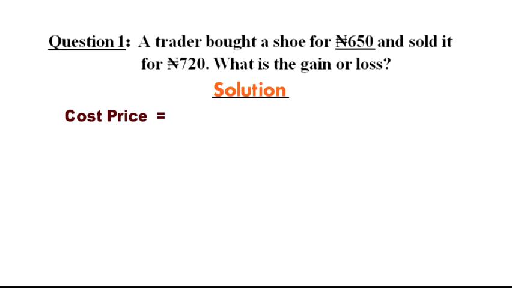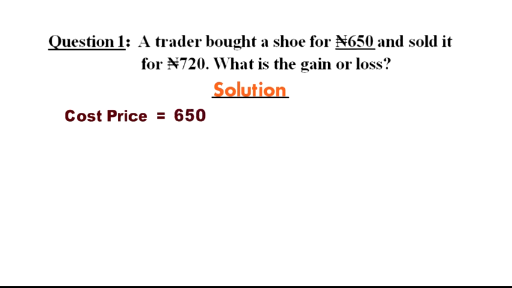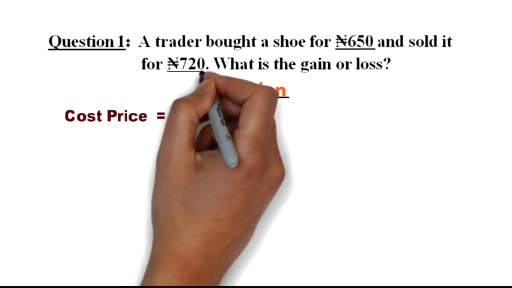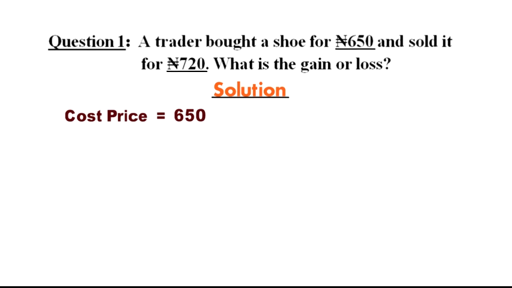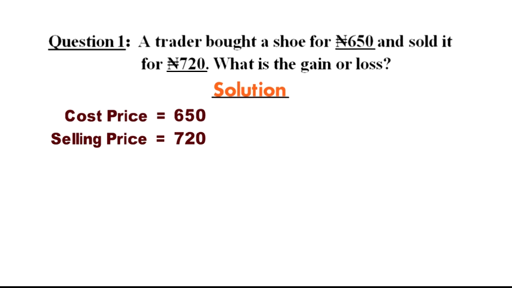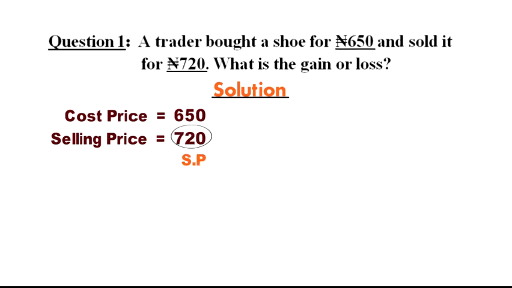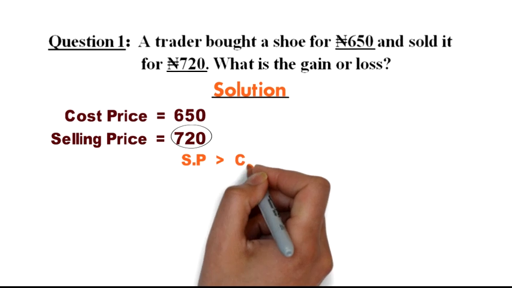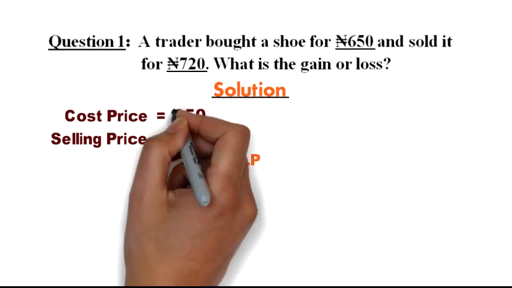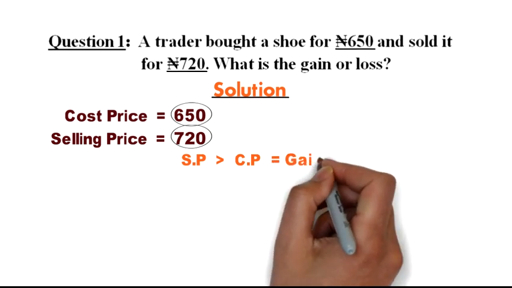So, the cost price of the shoe is 615 naira. Then, the trader sold the shoe for 720 naira. So, the selling price is 720 naira. From our parameters, we can see that the selling price, which is 720 naira, is greater than the cost price, which is 615 naira. Therefore, a gain was made.